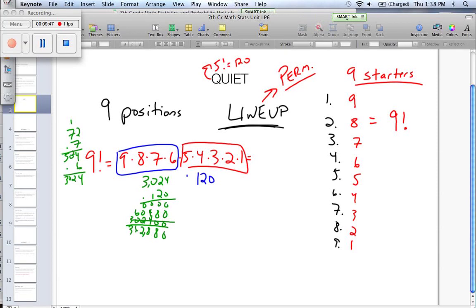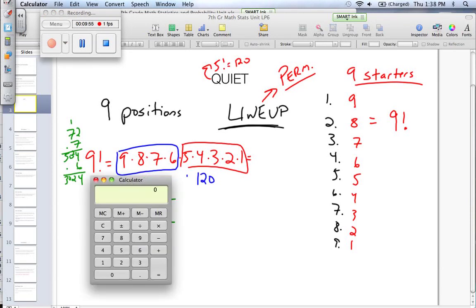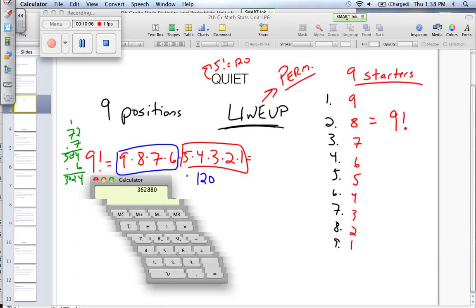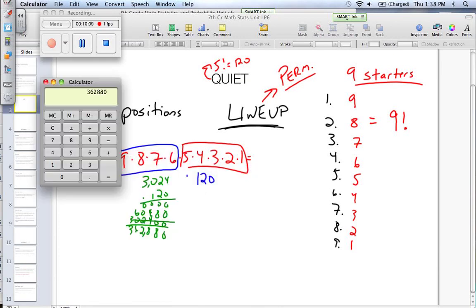If I wanted to, I could come over here to my calculator and make sure. There it is, and this is right, 9 times 8 times 7 times 6 times 5 times 4 times 3 times 2 times 1 is 362,880, which would be the same thing as 9 factorial.